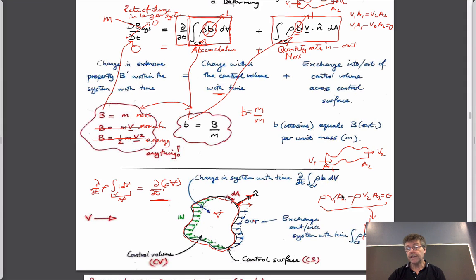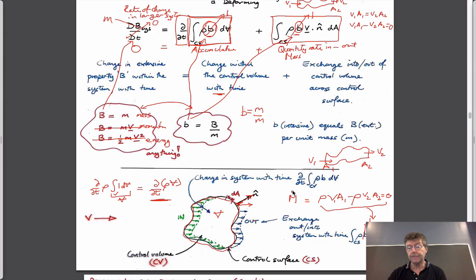So in other words, we've taken our continuity relationship, we've multiplied both sides by density because we conserve mass, not volume, because mass is the invariant extensive property we'd like to deal with. Extensive property, rather. And this is our expression. And so this is just one way of writing that.